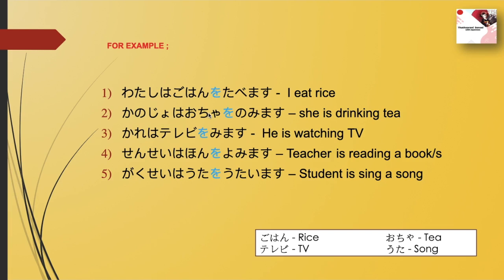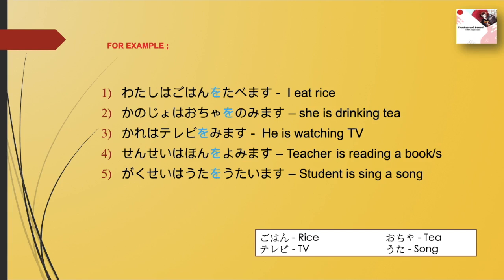Actually, ocha is the tea. O, cha. We have o, chi, and we have smaller ya, and then this is the ocha. Then we can see that here ocha, and after that we have the wo, and after that we have nomimasu.